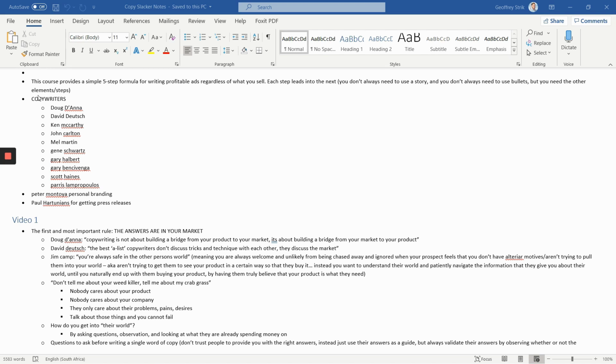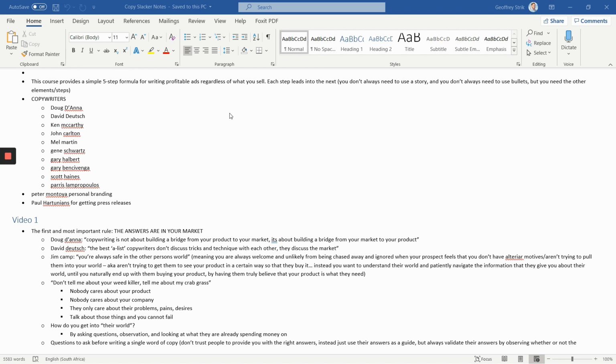So out of all these notes, basically they're providing a simple step-by-step formula for writing profitable ads regardless of what you sell. Each step will lead into the next, so you don't always need to use a story and you don't always need to use the bullets, each of which are different components of the 5 steps that will be discussed, but you do need to use the other components.